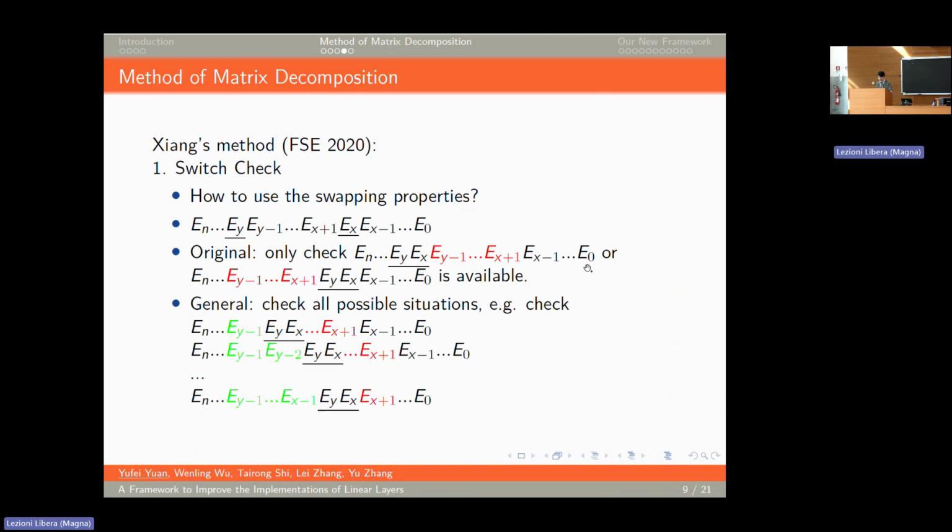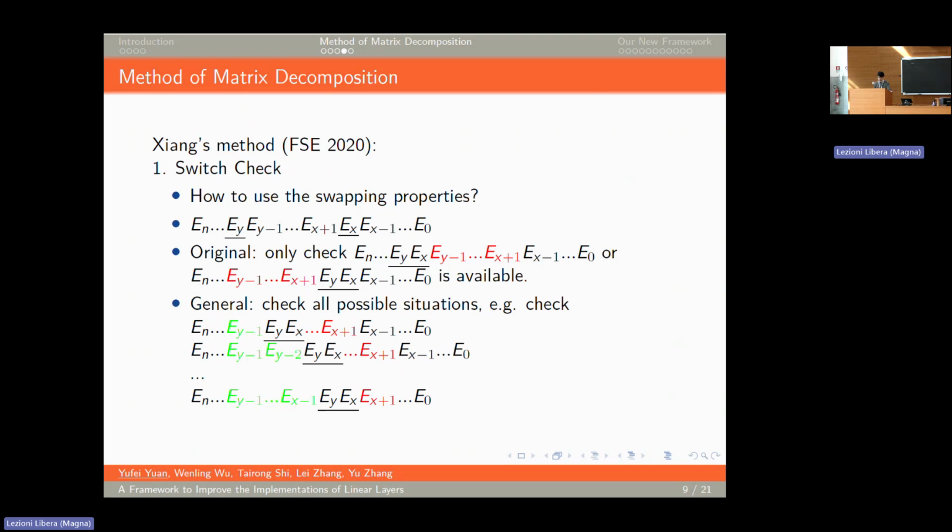So the first question is how to use the swapping properties. For example, if we have the decomposition E_n ... E_y ... E_x ... E_0 and we want to determine whether E_x and E_y can be swapped into the adjoining position, the original algorithm only checks two cases. The first is only moving E_x to E_{y-1}, and the second is only moving E_y to E_{x+1}.